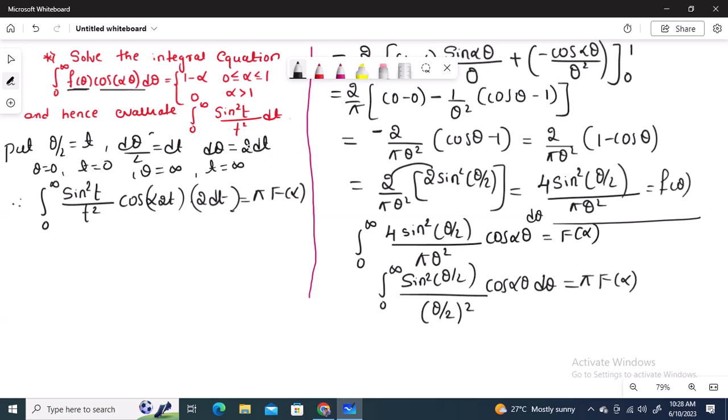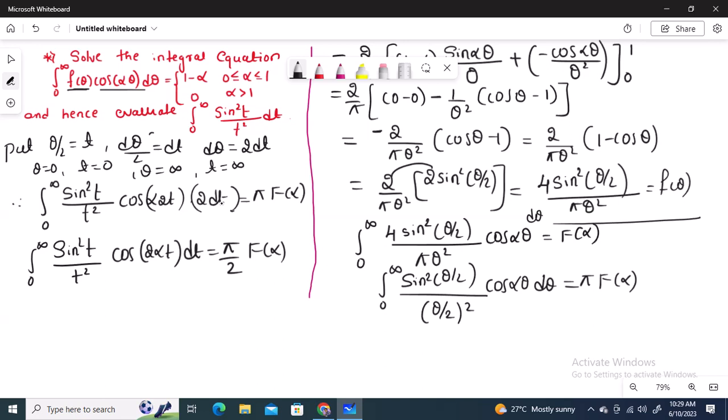So if I simplify it further, integral 0 to infinity sin² t by t² into cos 2αt, and this 2 dt, what I'll do, I'll shift 2 to the right hand side, dt will be written as it is. So it is 5 by 2 f of α.